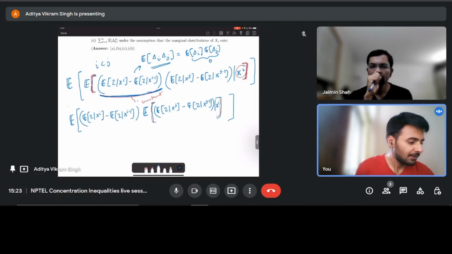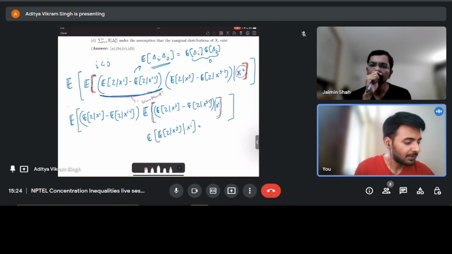And the next property we are going to use is the tower property. We are assuming that i is less than j.